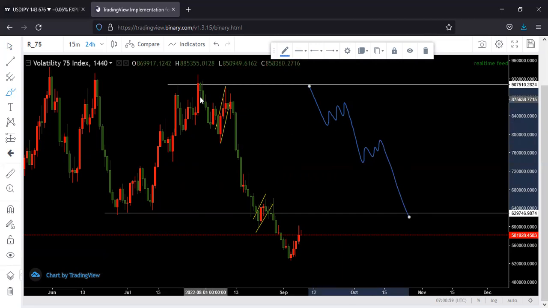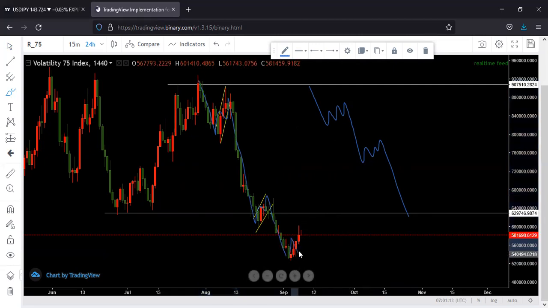This one looks the same as this one. So this is the impulsive, correction, then impulsive, correction, continuation. So now from this point, maybe there will be a small correction to the downside like this one. It can be like this.